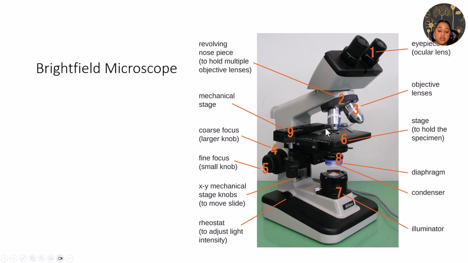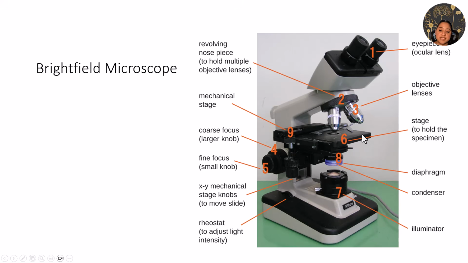Where you put your slide and your specimen is called the stage. Your specimen is the star and it wants to be on stage and have the light shine on it. It's going to basically be like a black square or rectangle. Then you put your slide here within these silver arms that help hold the specimen in place.